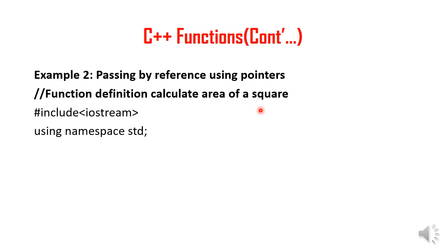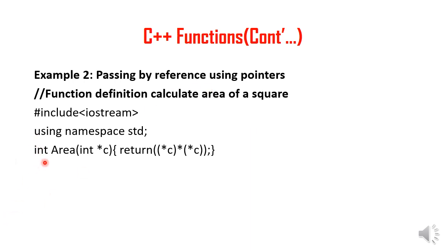So our function needs only one parameter, and because we wanted to call our function by reference by using pointers, the formal parameter of our function will be declared as a pointer.